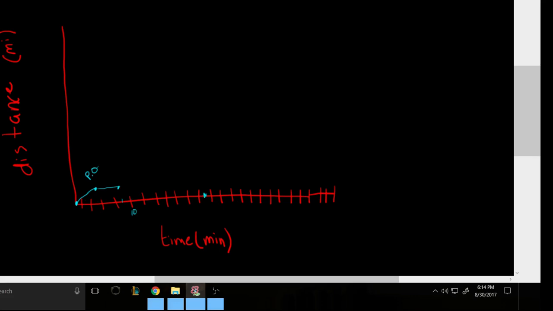And again, we don't have an exact distance, but we know that it's going to be a steeper line than before because he's driving much faster. And then I'll do my best to connect these, but this is probably going to be awful. Alright. And that's when he arrived at the grocery store.